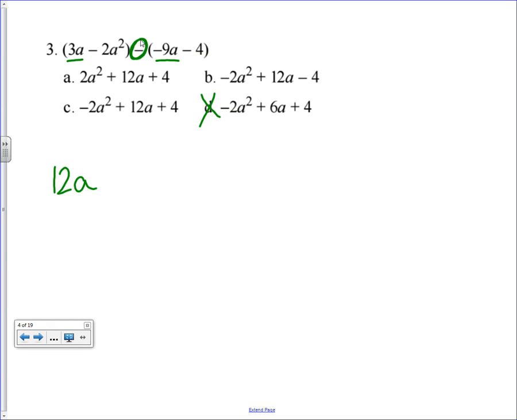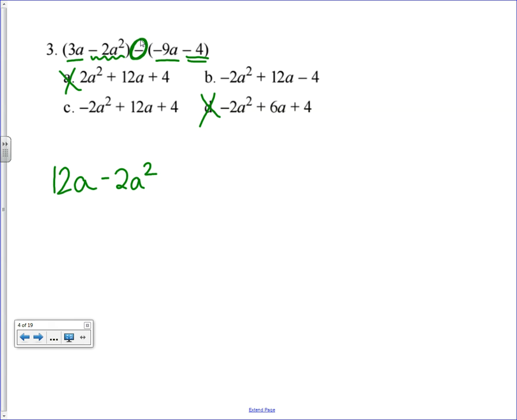All right, how about our A squareds here? Drop it down. Minus 2A squared. Which one can I eliminate now? A can go because that's a positive 2A squared. Does everybody see where I'm going with this? Now, here's where it's tricky. This guy does not go with anybody. No. It's being subtracted.